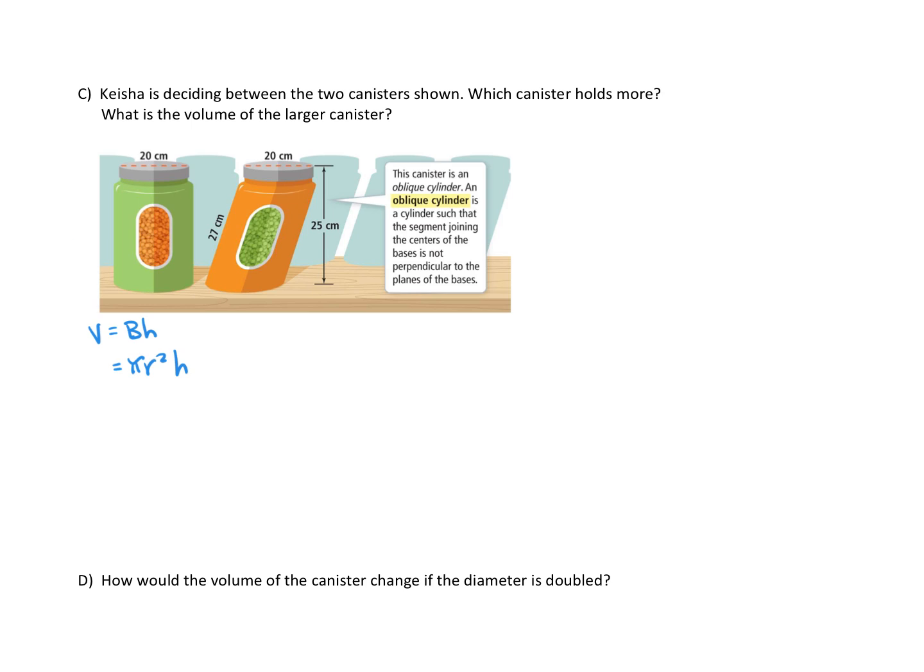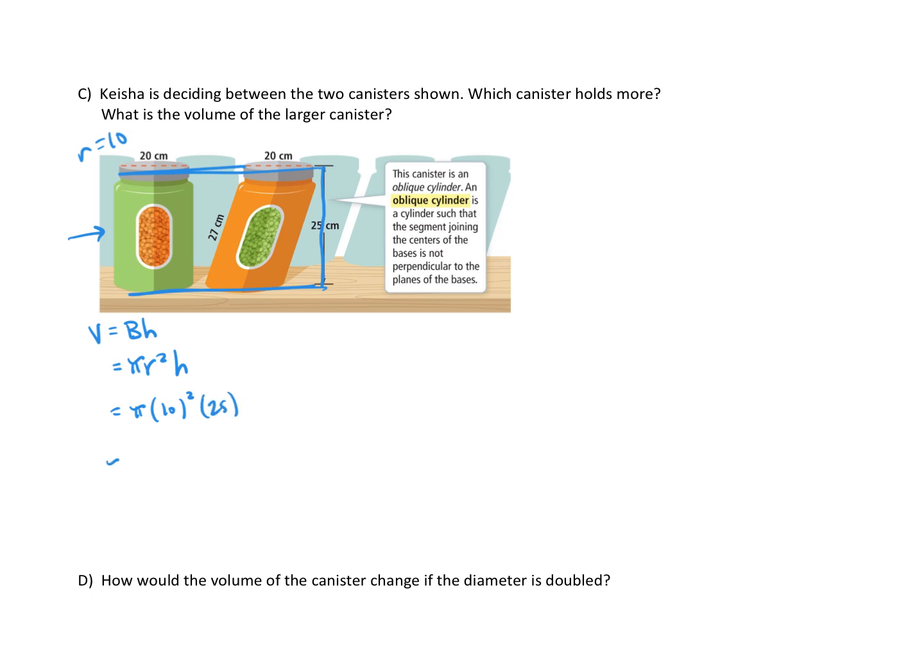So if we look at this first one, we are given a diameter measurement of 20 centimeters, which means the radius is 10 centimeters. And the height, we've got this height measurement, 25, which applies to both cylinders or canisters. So the height is 25. So we have pi times our radius, 10 squared, times a height of 25.